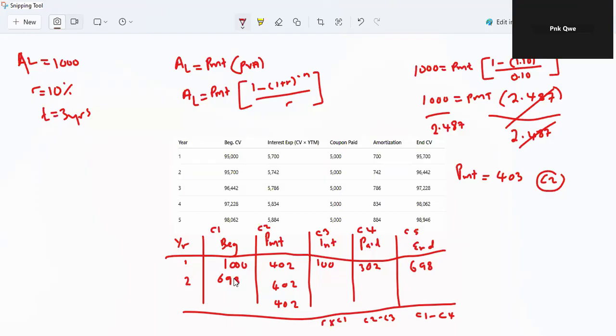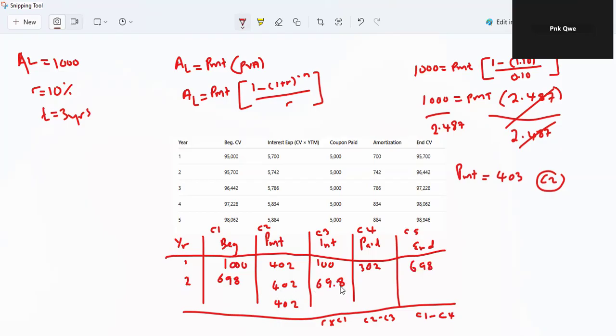So how do you find column 3? The interest rate is 10% of this. Just move the decimal, so 69.8. And how do you find column 4? Column 2 minus column 3.